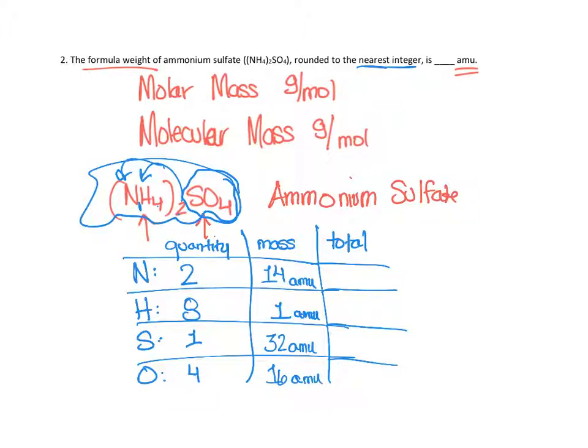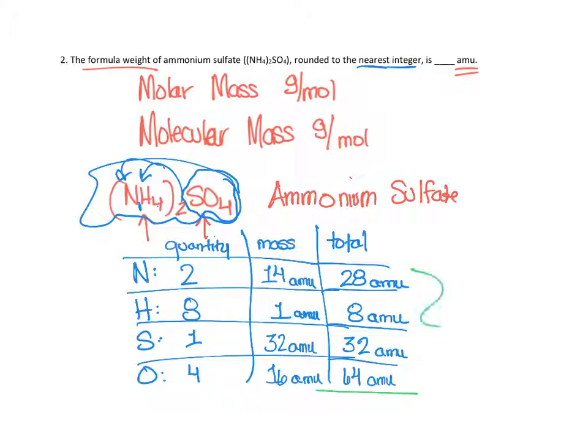So we're going to have to multiply then. 2 times 14 is 28 AMU coming from the nitrogen. 8 times 1 is 8 AMU coming from the hydrogen. 1 times 32 is 32 AMU coming from the sulfur. And 4 times 16 is 64 AMU coming from oxygen. So that's what each of the individual elements contributes to the overall total.